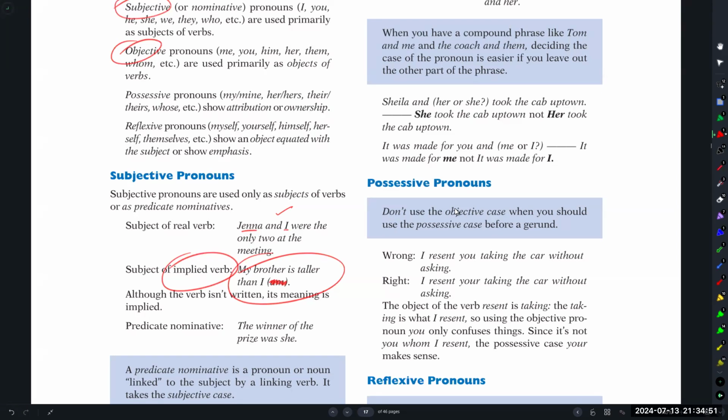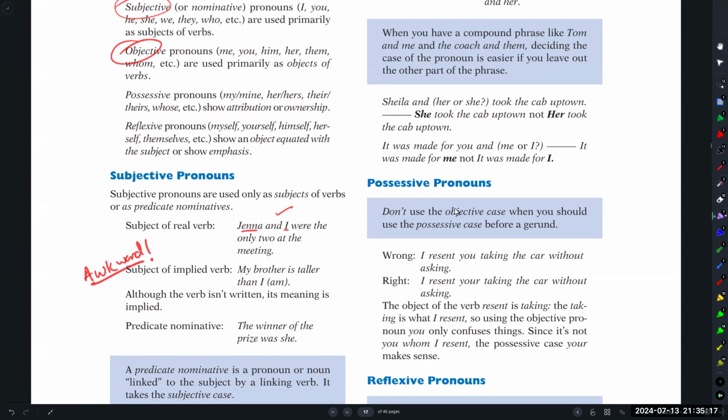So you might say, I've always used me. "My brother is taller than me." No, it's not going to be me. It's going to be I. "I am" is an implied verb. This is awkward for some people because they're not used to saying this.